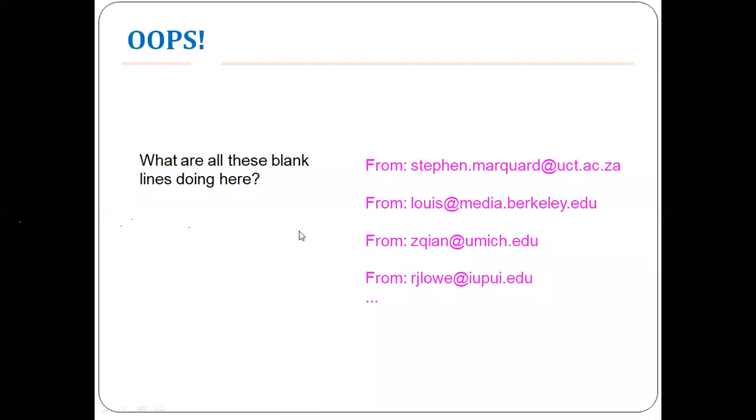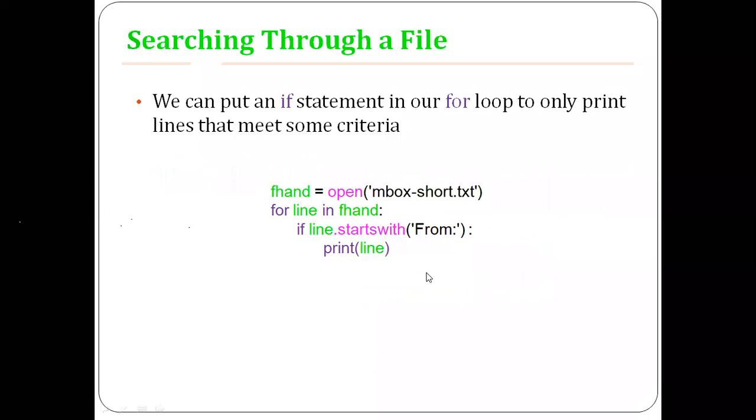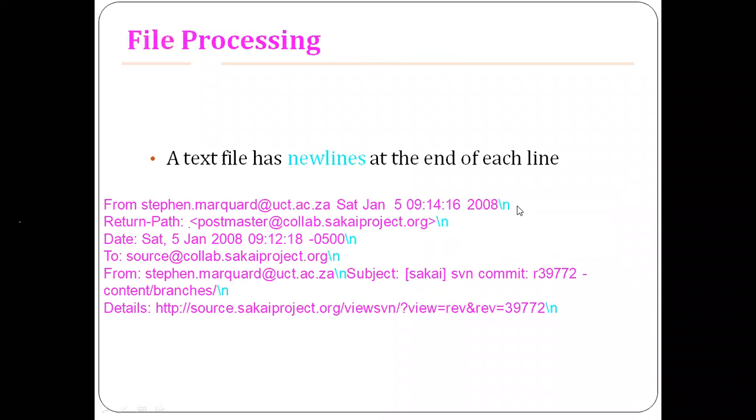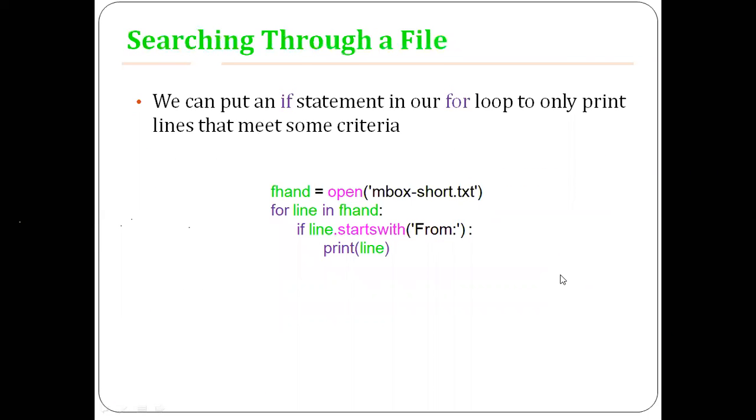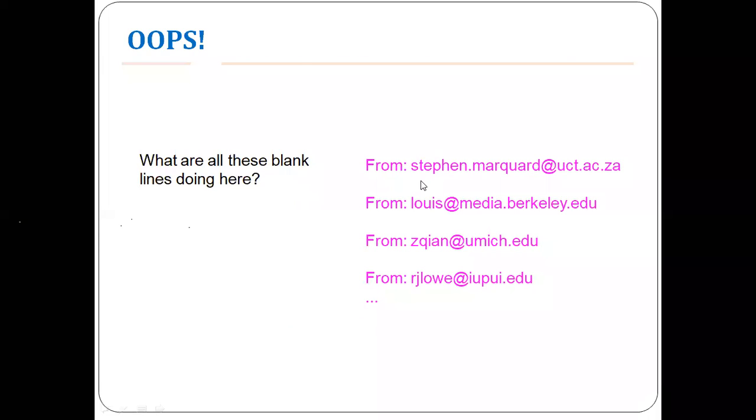And here, look at this one. We have all these blank lines coming here, right? You have something like From, Stephen marker, and all the things, but in between that, we have spaces or new lines. Why has it happened? Because at the end of each line, we have something called the backslash n.